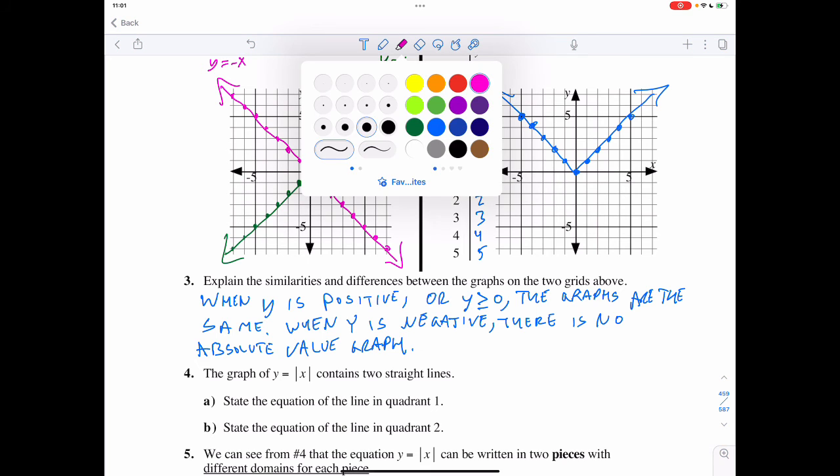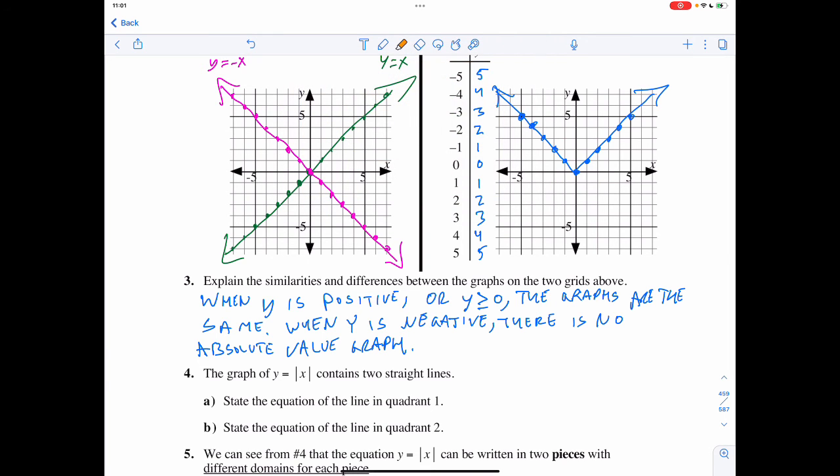Well, in quadrant 1, where I'm here, it looks identical to this line here. So in quadrant 1, it looks like y is equal to x. In quadrant 2, this one here looks identical to this one here. So in quadrant 2, we can say that y is equal to -x.